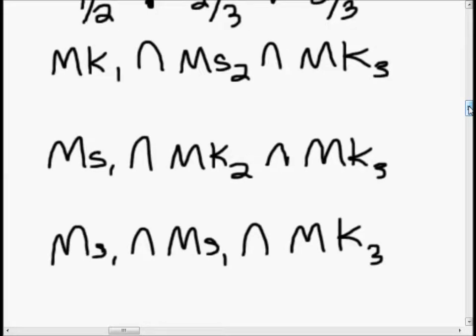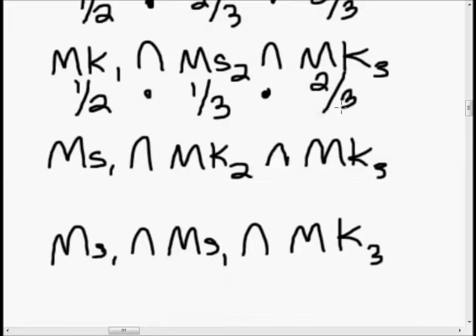We're going to just keep it the way it is. So 1/2 chance he makes his first shot, 1/3 chance he misses the second shot, assuming he made the first shot, and a 2/3 chance he makes the third shot.